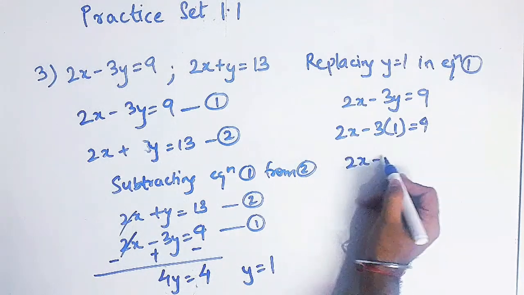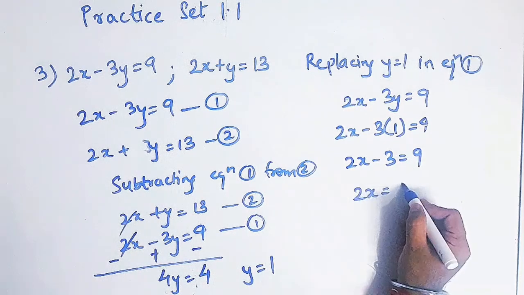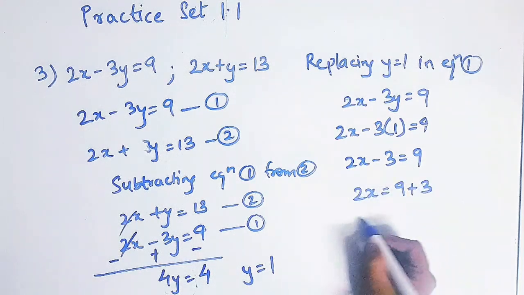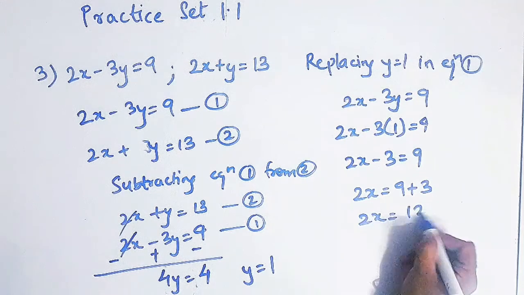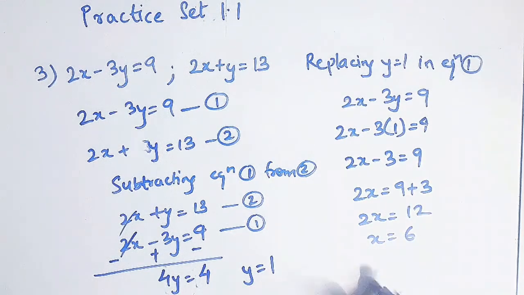So 2x minus 3 equals 9, 2x equals 9 plus 3, 2x equals 12, x is equal to 6. Okay, so we can write the solution. This is 6 comma 1.